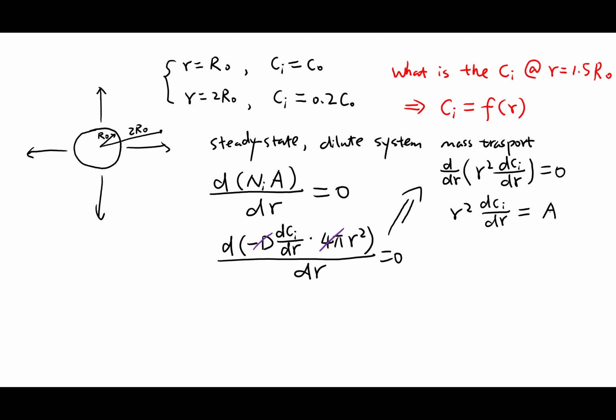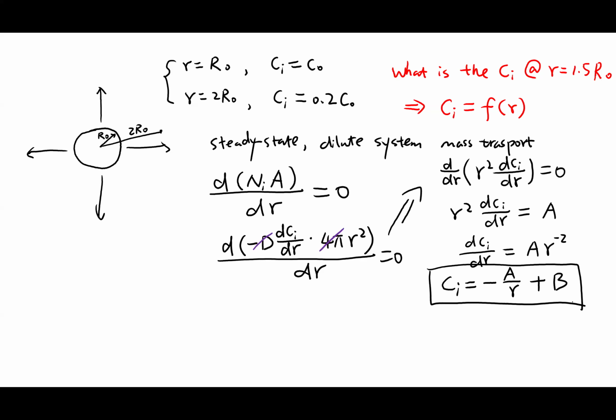Let's say this number is A, okay? So what you get is dCi over dr equal to A times r to the power of -2, and the general expression of Ci is equal to negative A over r plus B, okay?